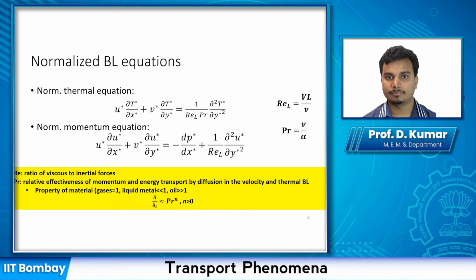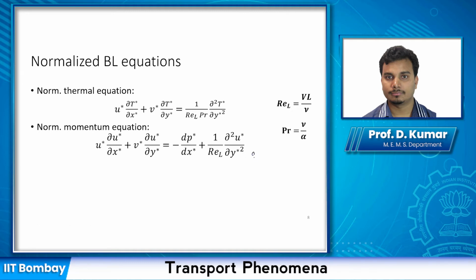Further, if your Prandtl number is 1, and dp star by dx star is equal to 0, which is essentially saying that your pressure does not change along the length of the flat plate, which is not a bad assumption, then these two equations are essentially the same. So if you solve one equation, you have solved the other. That is how you can compare fluid flow and heat transfer.